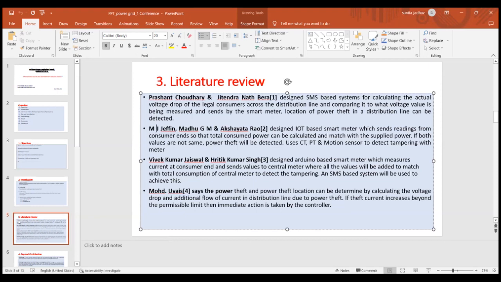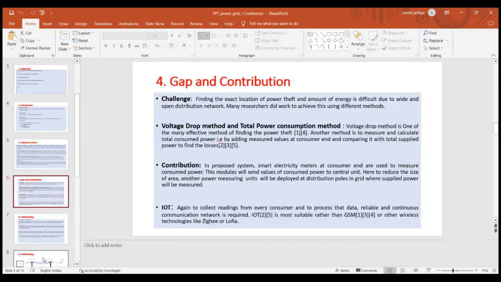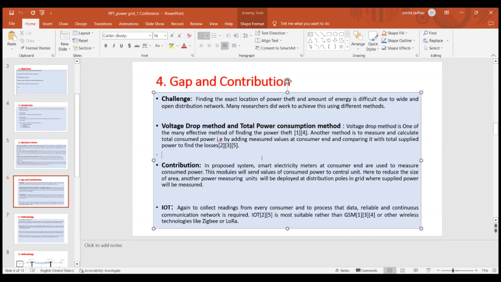So in our system, the most important challenge is finding the exact location of the power theft. For this purpose, we have two methods. The first one is voltage drop, and the other is the total power consumption method. We are going with the total power consumption method, where in this proposed system, smart electrical meters at the consumer end are used to measure the consumed power.